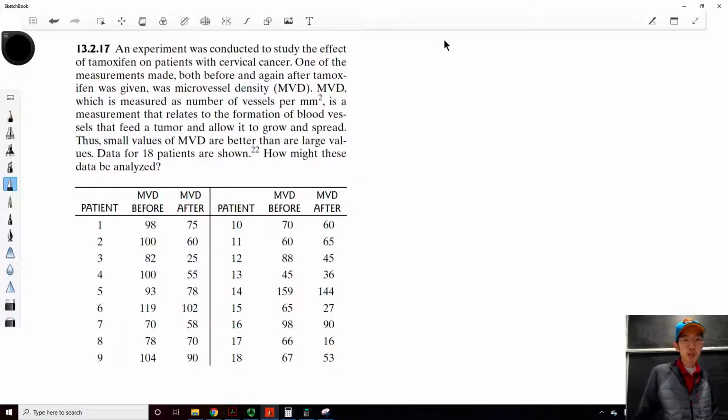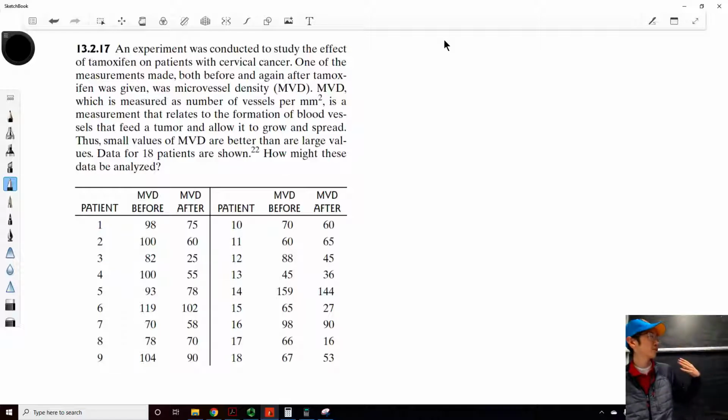One of the measurements made, both before and after tamoxifen was given, was microvessel density, MVD, which is measured as the number of vessels per millimeter square, as a measure that relates to the formation of blood vessels that feed a tumor and allow it to grow and spread. Thus small values of MVD are better than large values, and here are the numbers. We have patients 1 through 18, with MVD before and MVD after.